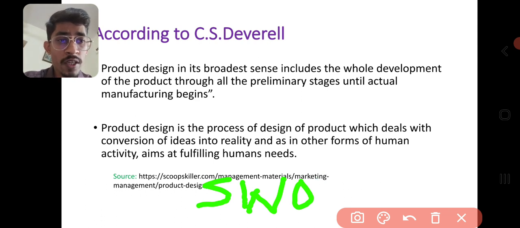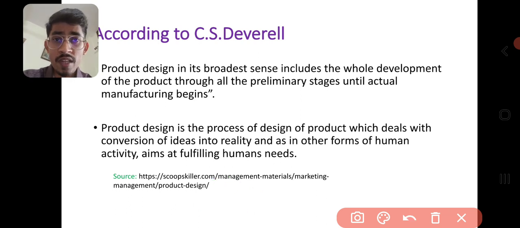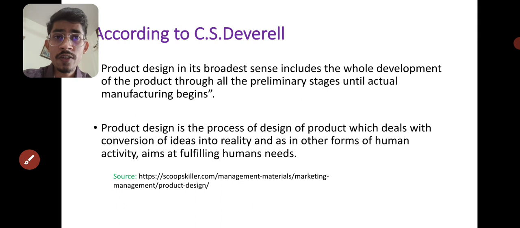Let me show you how we can think about the definition of product design. Suppose I am sitting in a room, and I ask how I can control the humidity inside the room during the rainy season. Humidity is the moisture content level in the room.